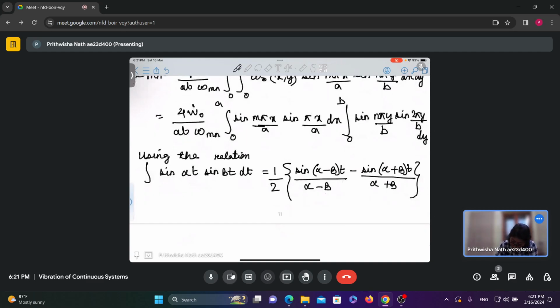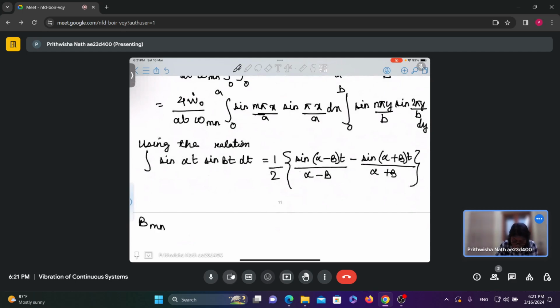Therefore BMN can be written as 4 W naught dot divided by A B omega mn.